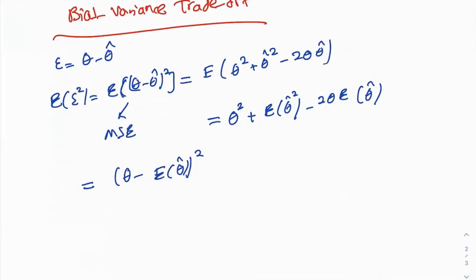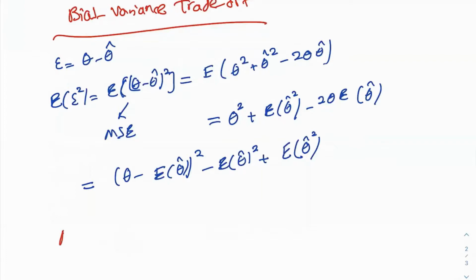Let's see what I get. I get theta square plus expected value of theta hat square minus 2 theta expected value of theta hat. So this one we have. All we need to do is just subtract this extra term. Right? Let me write it better instead. Good. Let's note this equation for a while.